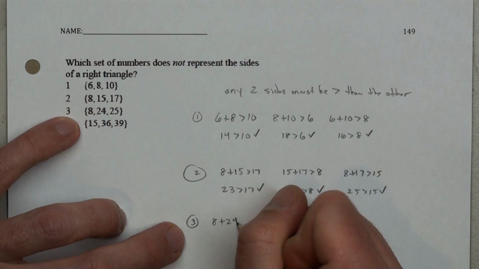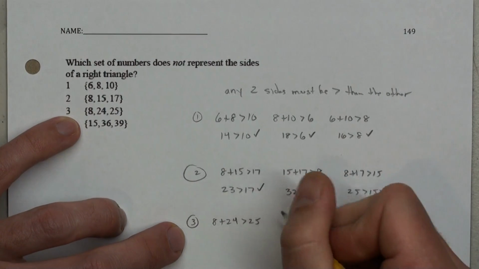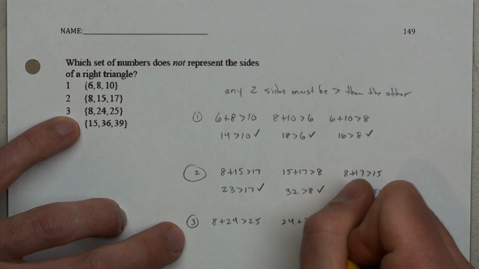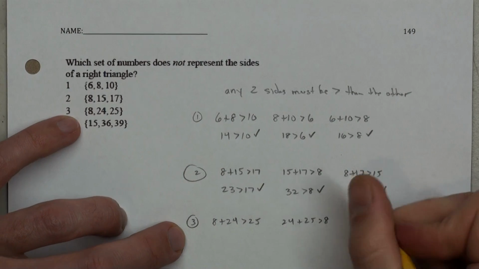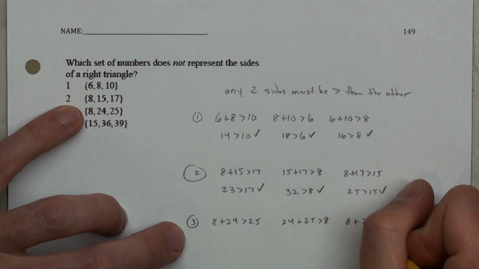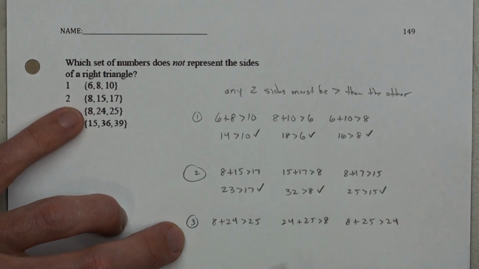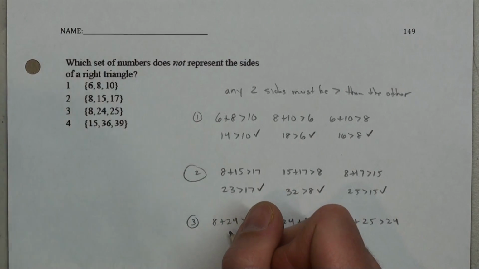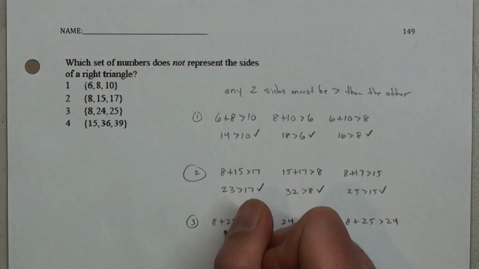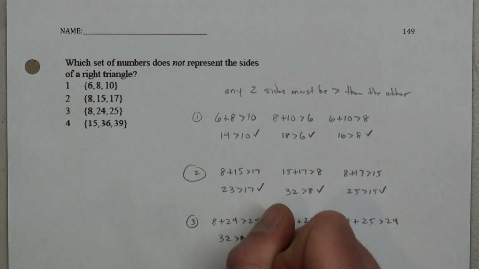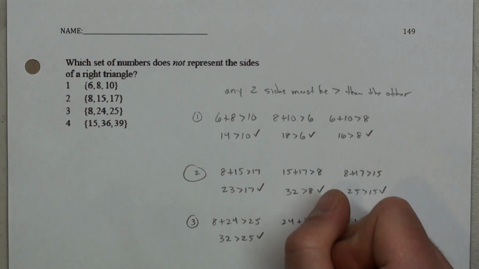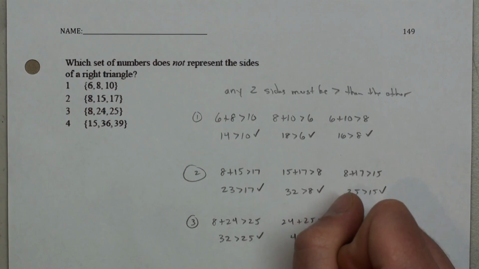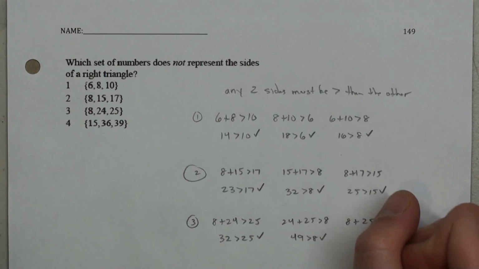So we go to choice 3. 8 plus 24 must be greater than 25. 24 plus 25 must be greater than 8. And 8 plus 25 must be greater than 24. So this one is going to be 32 is greater than 25. That's true. 49 is greater than 8. That's true.